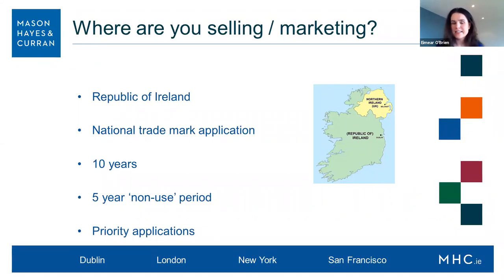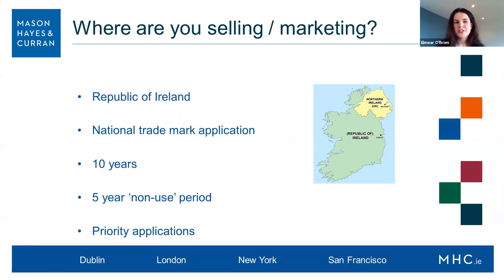But the flip side of this is that you have this 5-year buffer period at the start where you don't necessarily need to use your mark straight away. And we can use this 5-year period to maybe look at what other jurisdictions you might like to file in, and it might be more cost effective for you to file in those jurisdictions at the outset.